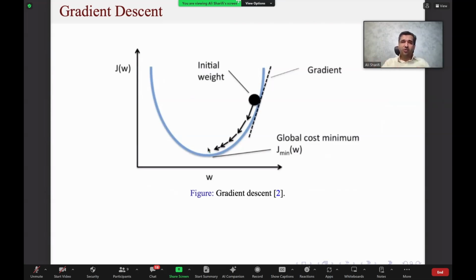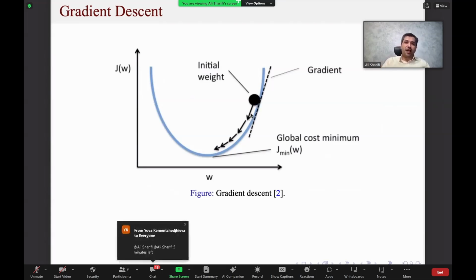Standing here, based on small changes to your weights, you can decide: if I increase this weight, my loss function increases, but if I decrease this weight, my loss function slightly decreases. So the best idea here is to decrease the weight. But if we are standing here, by increasing the weight, we will have a lower value of the loss function.